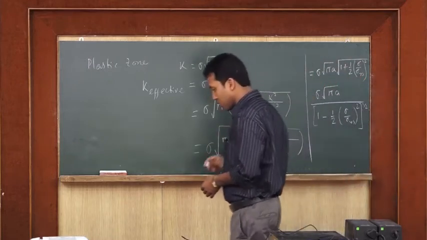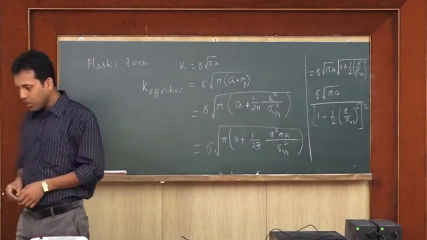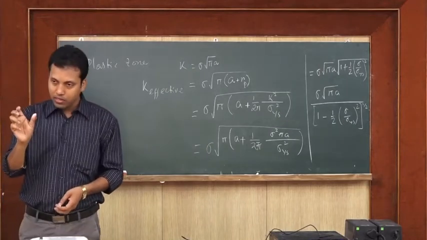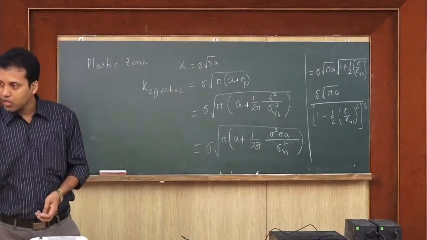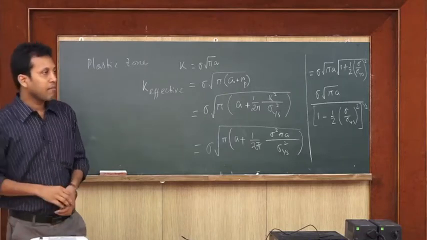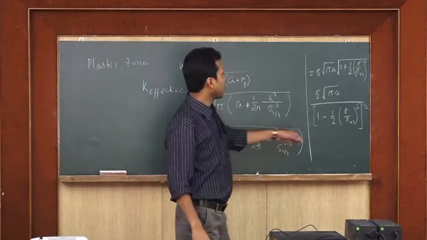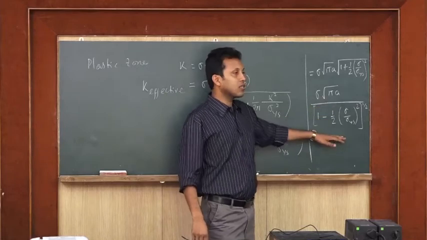Okay. So, if you follow Hertzberg's approach, instead of putting that K inside, they put K effective inside and did the rearranging, and finally the expression for K effective has come out in this manner.